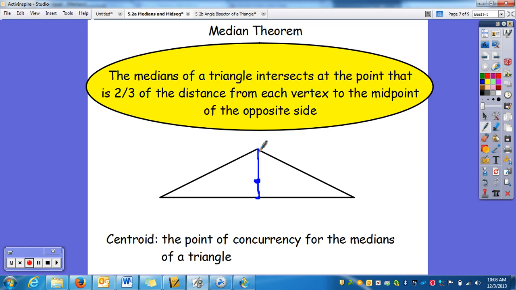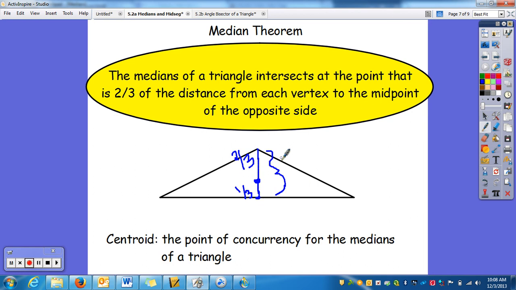Here's the point of concurrency. We have a distance here, the entire length of this. This part is 2/3 the distance from the vertex to the point, and this is 1/3 of the total distance. Or, in other words, this is twice the length of this.